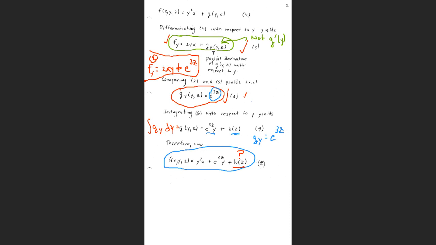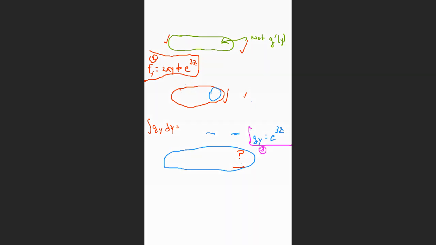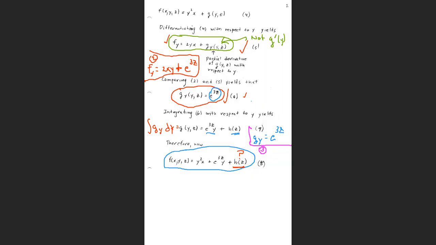That's right, Norina, the third equation. Equation 3, I'm just moving that out. Equation 3 was that the partial derivative of f with respect to z was equal to 3 times y times e to the 3z power. So I'm going to take the potential function and differentiate it with respect to z.